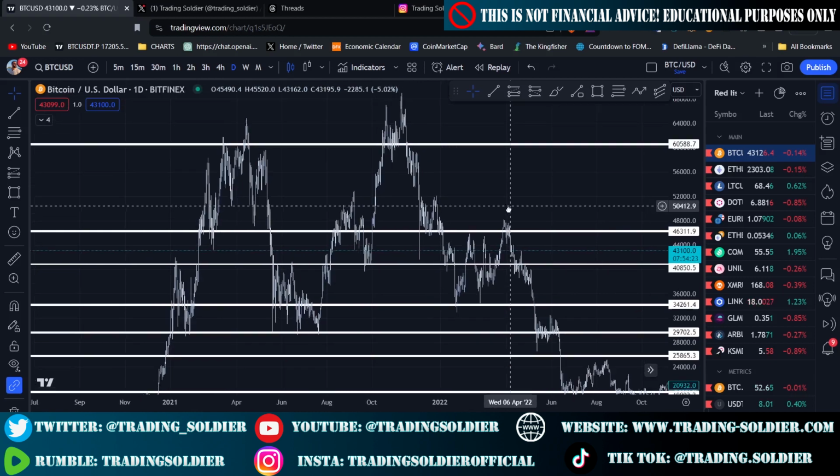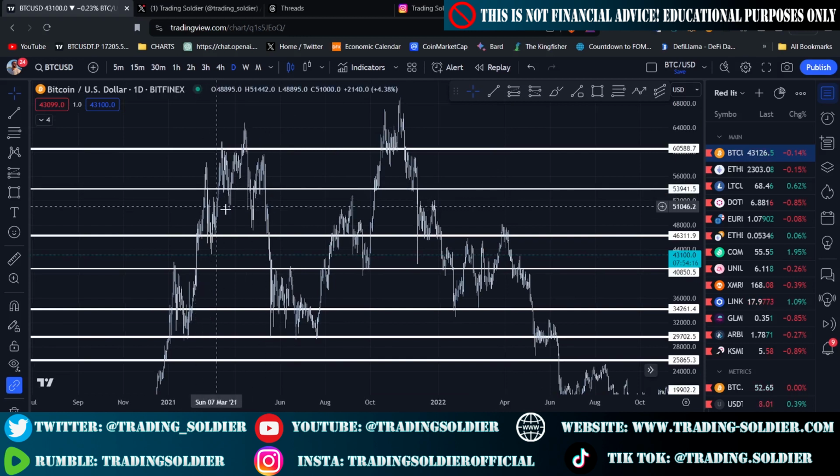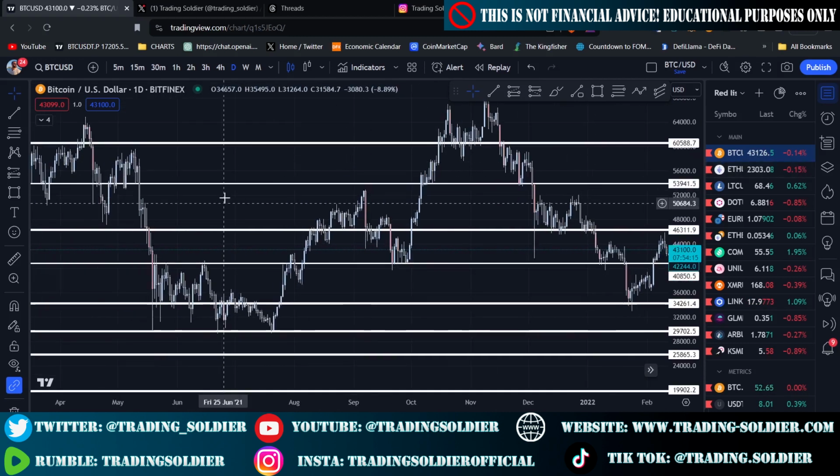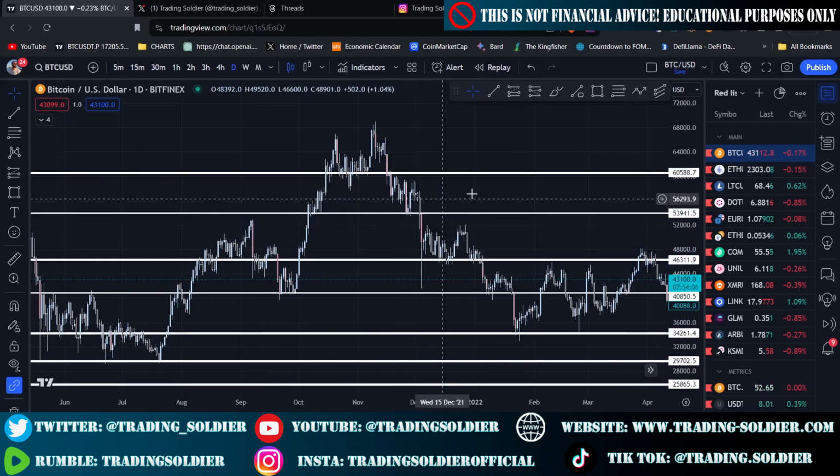Another that we can find in the daily time frame is this area here. We can see this because here we see support, broken, then support again, then resistance, then again it flips to support.